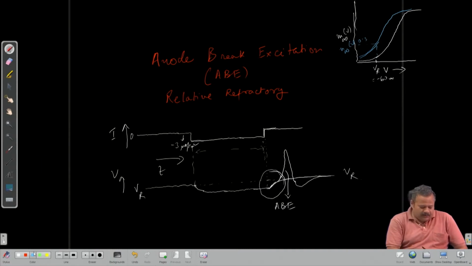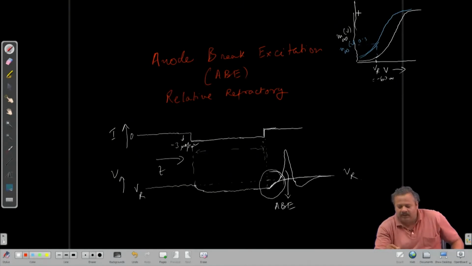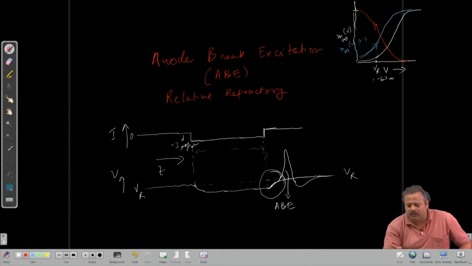And now the inactivation gates, whose gating variable is H, at V rest remain at around 0.6 and then go back down to 0. So, this is H infinity of V.